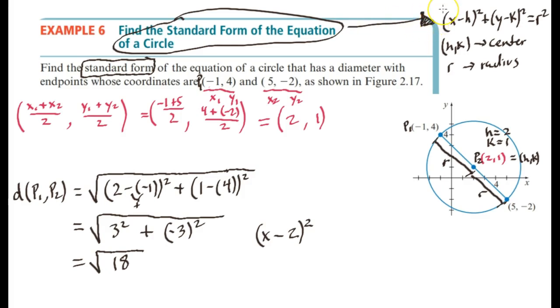Plus y minus k, 1 squared. See, we have k right there. And then r. So r we've determined is the square root of 18.